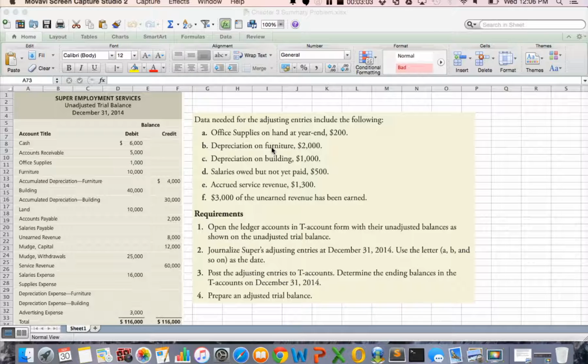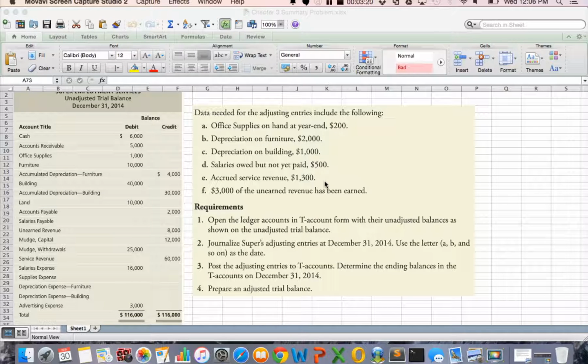So here you have 6 journal entries. I may only do 3 or 4, just because I know you guys said you had some issues time-wise on the last quiz that was similar to this. But for today we'll do all 6 of these, and these 6 journal entries will give you at least one example of each of the different types of adjusting entries that we've talked about so far.